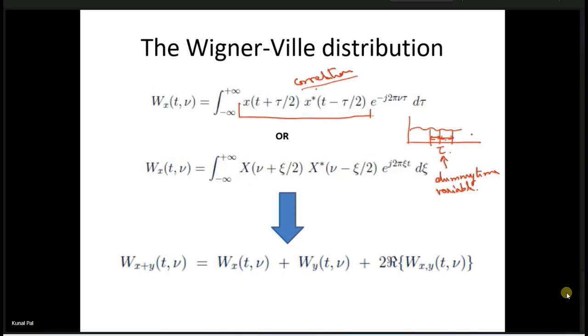Once you get the correlation factor, you take the Fourier transform of that equation. The next equation is basically the frequency domain representation of the first equation. So in the Wigner-Wheeler distribution, we are interested in the correlation function at a particular instant.